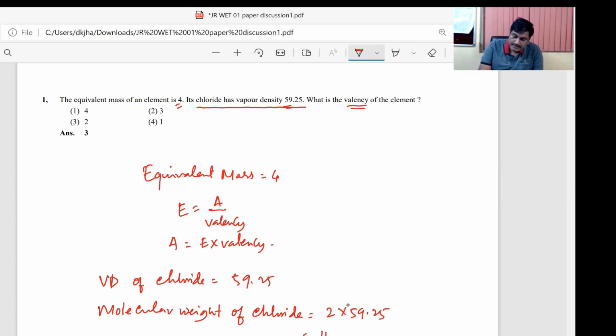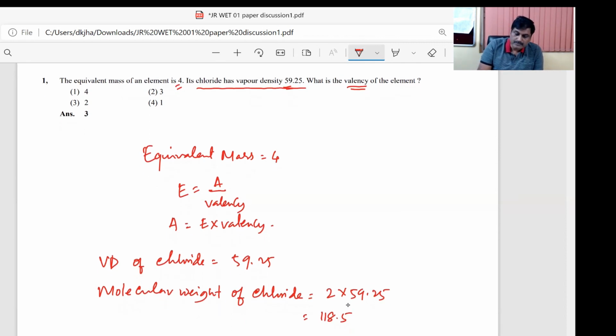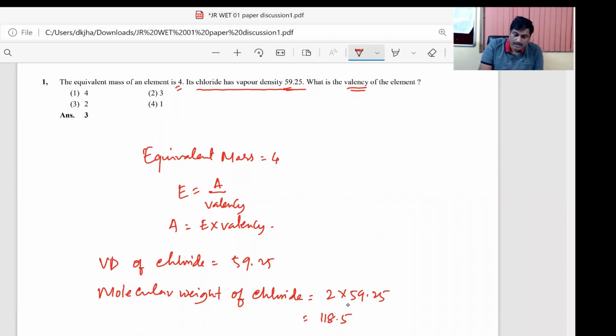That only now. What is given? Its chloride has vapor density 59.25. Valency of the element. Okay. As it is chloride, what is the formula for this one? Valency of the element is the question here. So the formula of the chloride is MClx. Right.